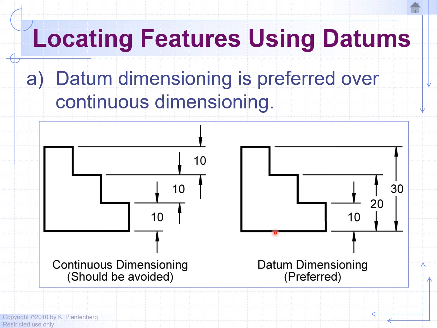And we have more accuracy when we dimension from that datum versus using continuous dimensioning, where if we have a step off by a lot, that will carry on to the next one and so on, causing the top step to be off even a lot more than dimensioning using a datum.